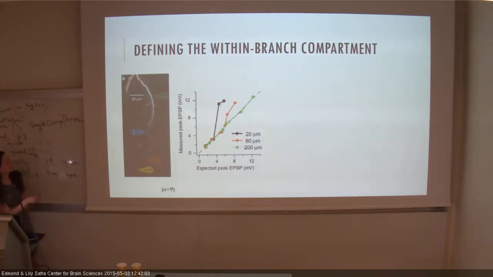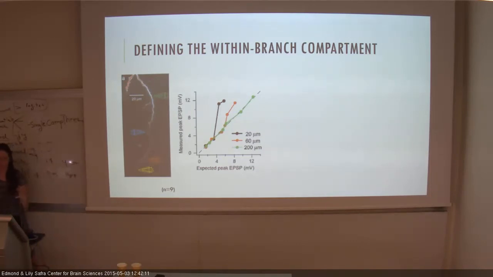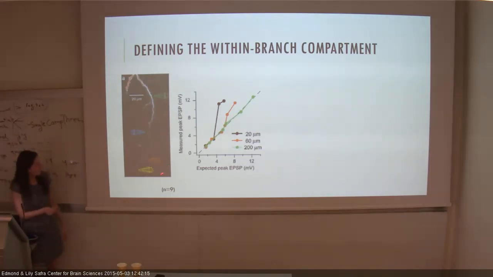So now, to define the within branch compartment, they looked at how big it is. We're talking about a compartment, but we still have to be more specific. What they did here is they placed one reference electrode at a constant place, and moved the second electrode along the dendrite branch.